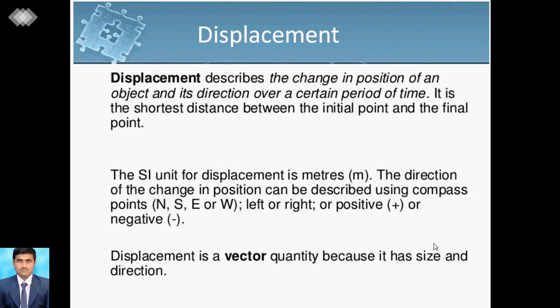Displacement is a vector quantity, so the direction is also mentioned, such as N, S, E or W, or left or right, or positive or negative. These are the compass points as well as the side points. So this is regarding displacement.